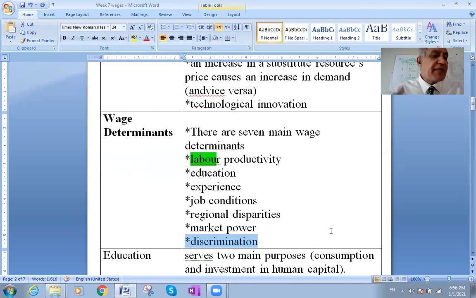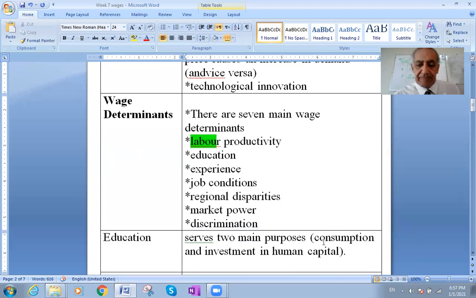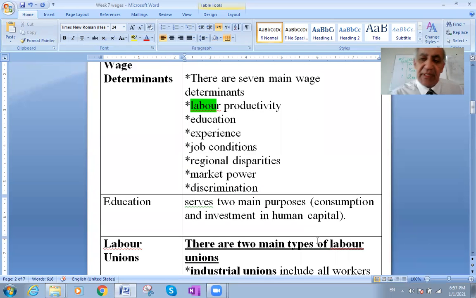You give this person $14 per hour and you give this person $20 per hour, and both of them are doing the same job. We will come to talk about this point later on. So discrimination is trying to differentiate between two persons doing the same job, and you give them different pays.